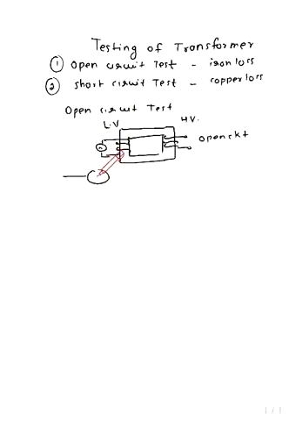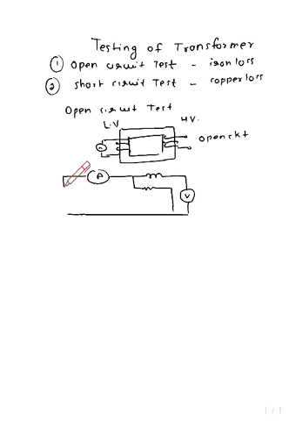So this is the diagram: ammeter, this is voltmeter. There are two windings, low voltage winding and high voltage winding.